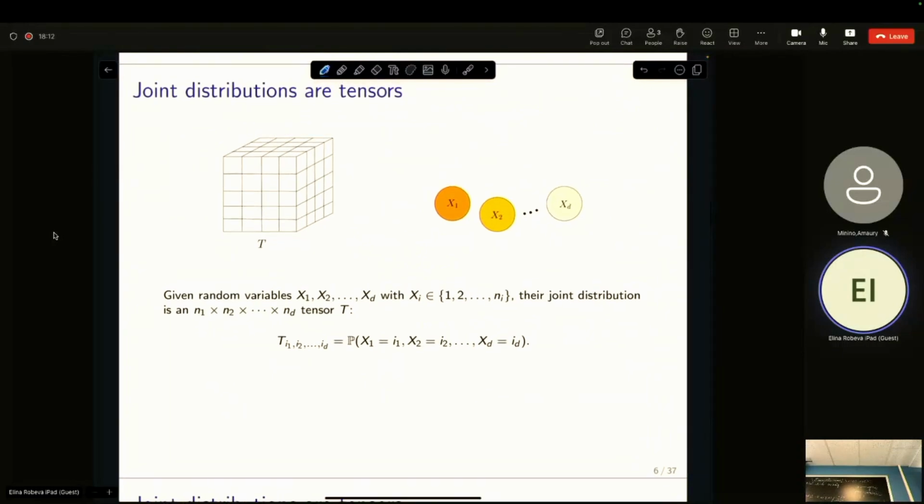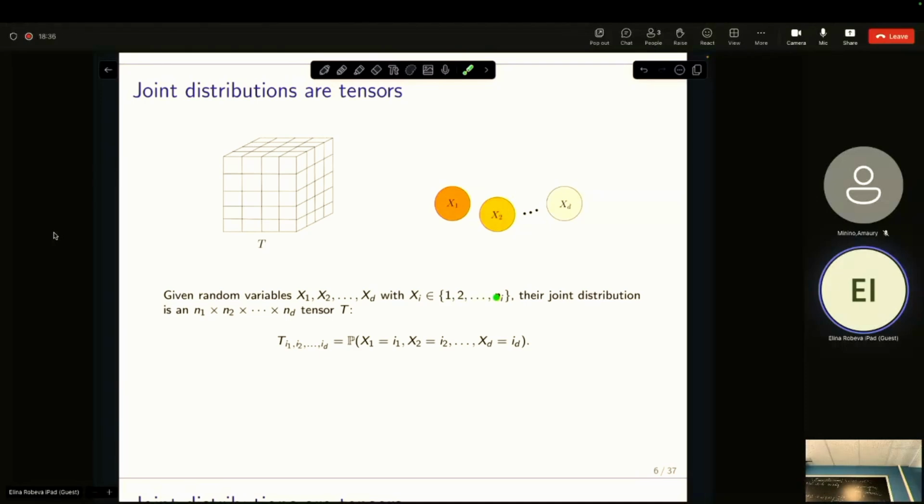I claim that joint distributions are tensors. What I mean by this is, let x1, x2 up to xd be some random variables. The ith random variable takes values 1, 2 up through ni. So these are discrete random variables, and they each have some probability distribution of taking each of these values.